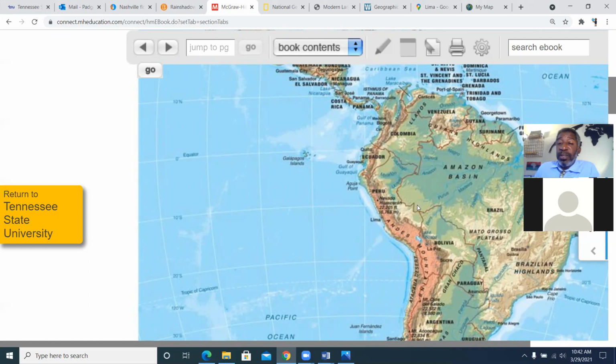And the Andes mountain range is very significant. Notice some of the highest peaks are at over 22,000 feet above mean sea level. Relatively very high peaks there.